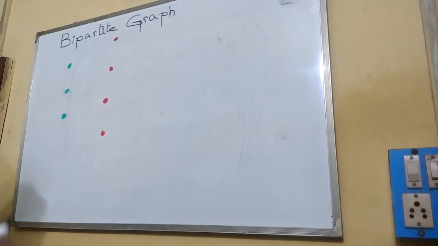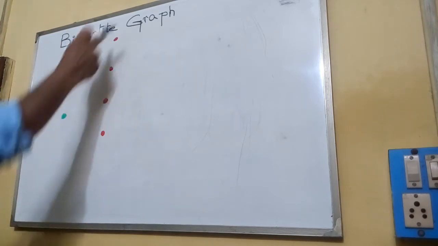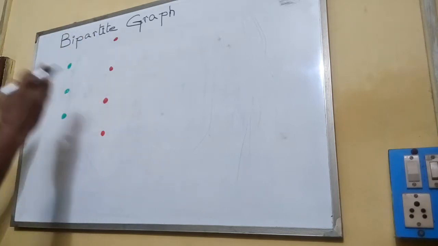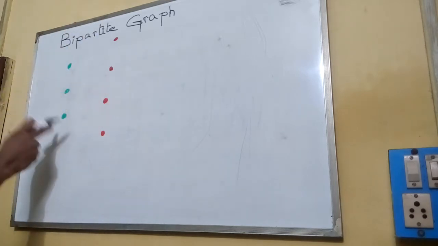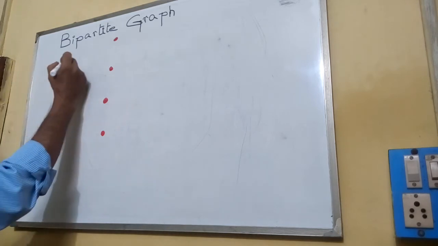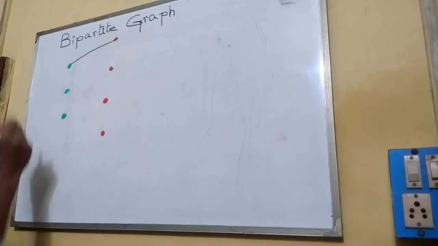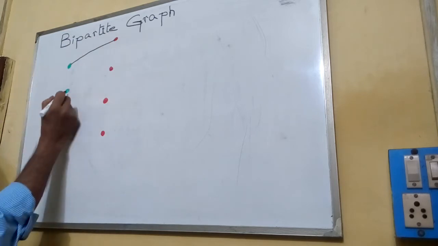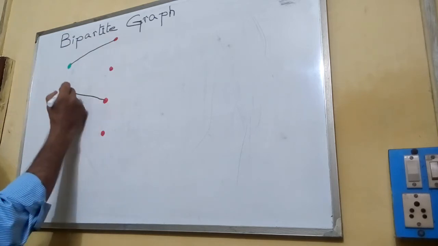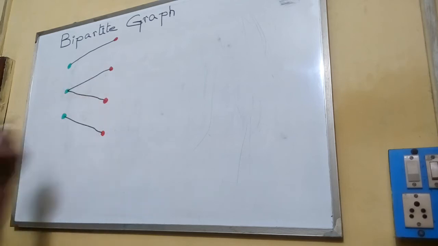If these vertices are such that this we can say belongs to set A and this belongs to another set, two parts, there is no common. If we can plot edges like this, suppose this is one example.